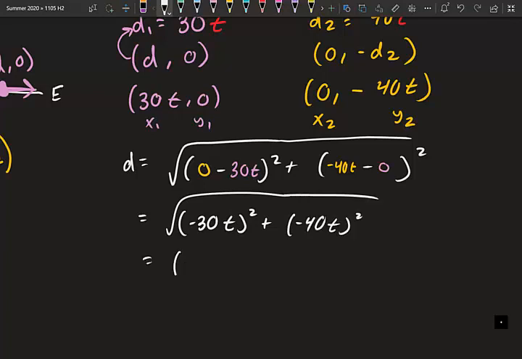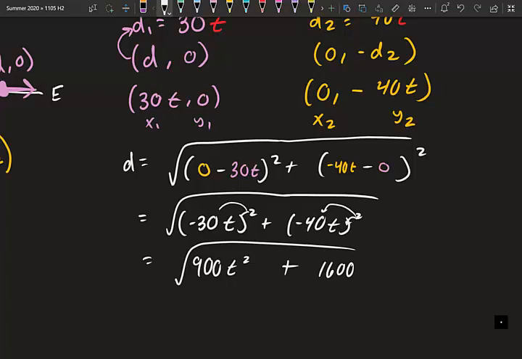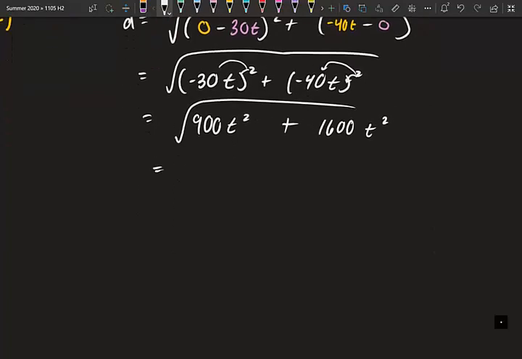Negative 30 squared is 900. And t squared, remember, goes to both. T squared is t squared. And we're going to add that and get rid of those parentheses. We can add that to negative 40t squared. So negative 40 squared is 1600. And t squared is t squared. We combine like terms to get 2500t squared. And I know the square root of 2500.